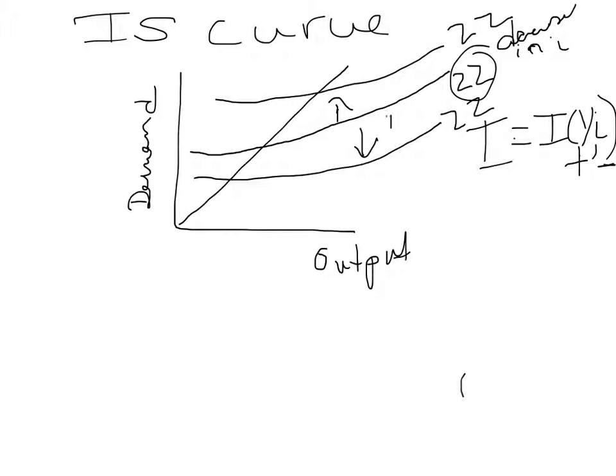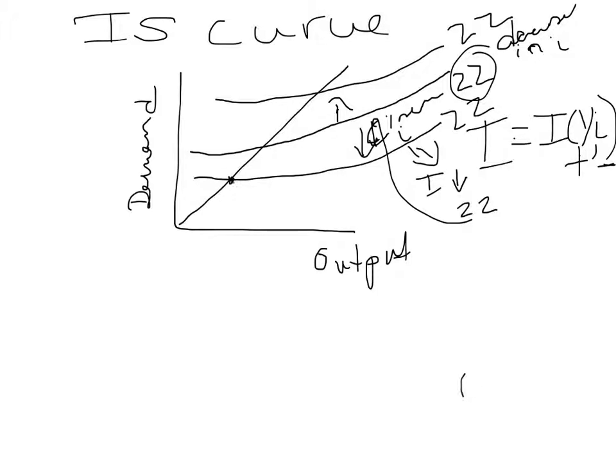So an increase in the interest rate will cause investment to decrease, which will cause the ZZ curve to, right here, shift downward. Okay? Now this is important because let's say this investment curve does shift down.